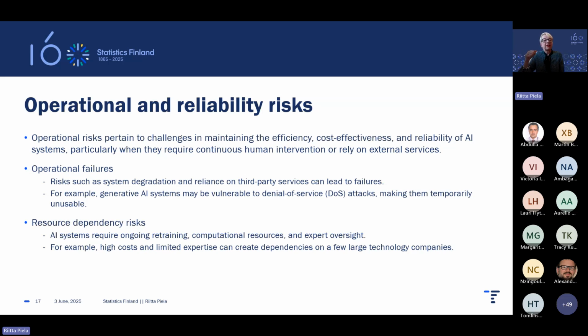Generative AI systems may be vulnerable to denial of service attacks, which can make them temporarily unusable. And there are also resource dependency risks. For example, high cost and limited expertise can create dependencies on just a few large technology companies.